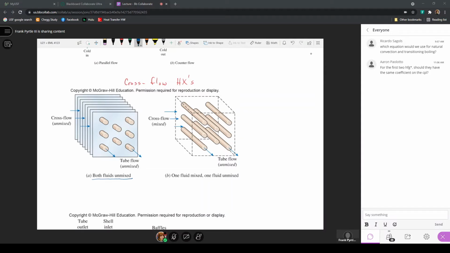It doesn't move into other pathways, as the fluid that came into each tube is exactly the fluid that goes out of that tube.